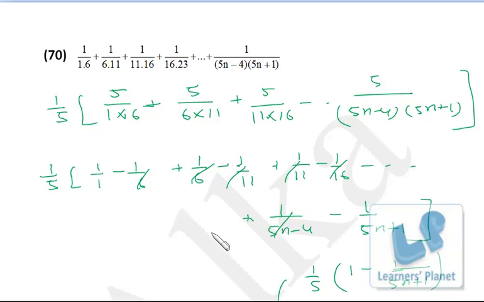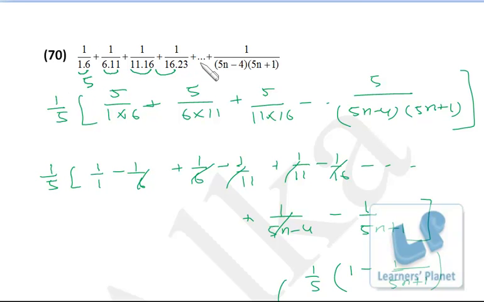And for your quick reference, I would like to share a short trick over here. See, when you see a sequence of consecutive numbers 1, 6, 6, 11, 11, 16, 16, 21, you can see the second number is the first number over here, and the second number is the first number over here. Then you can directly see that the difference between these two terms is 5, right?